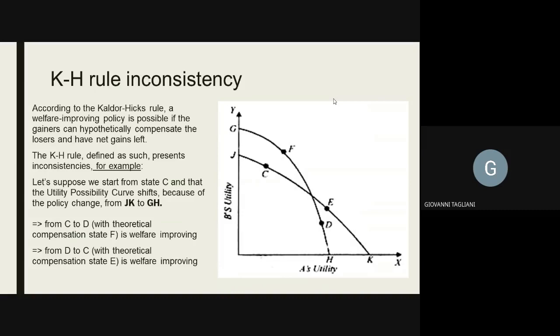So from D to C, since the utility possibility curve shifts, the theoretical compensation state E is also welfare improving on D. So both directions would be allowed, and this, of course, is an inconsistency.